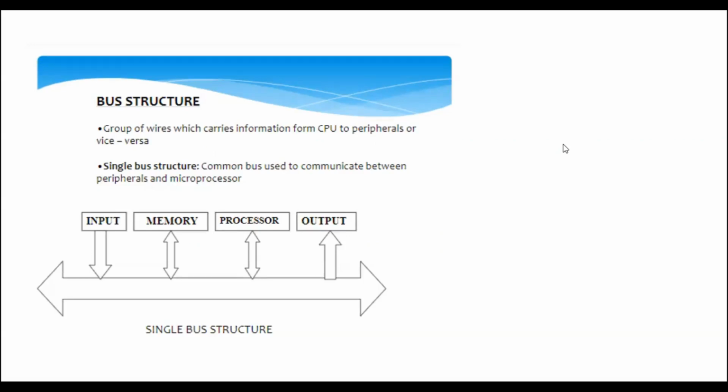A single bus structure is one common bus used to communicate between the peripherals and the microprocessor. It also has disadvantages due to the use of one common bus.